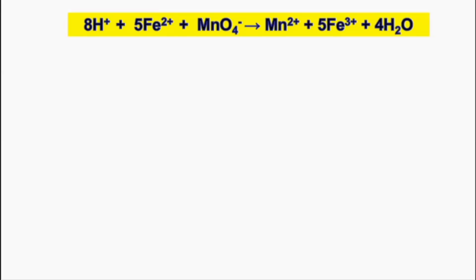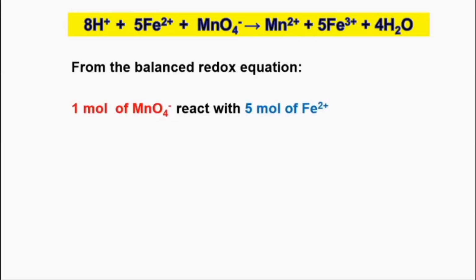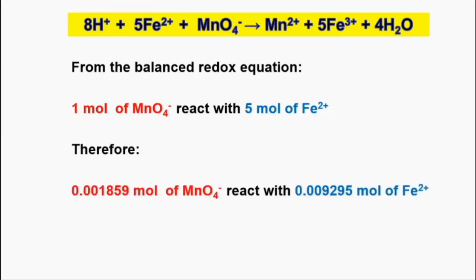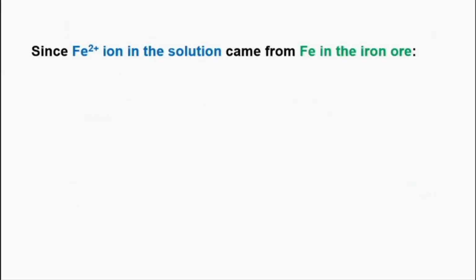And from the balanced equation, 1 mole of permanganate reacts with 5 moles of iron 2 ion. So if we have 0.001859 mole of permanganate, it should react with 0.009295 mole of iron 2. And remember, this iron 2 ion came from iron in the iron ore.